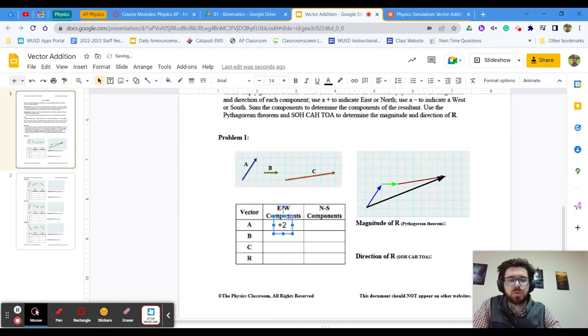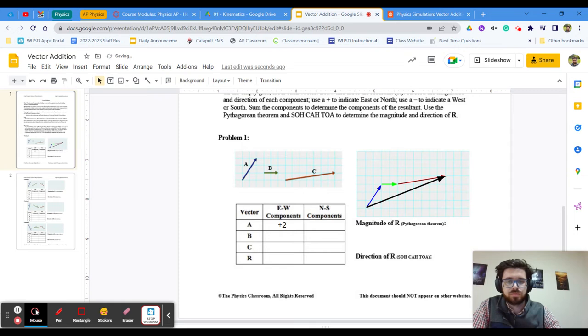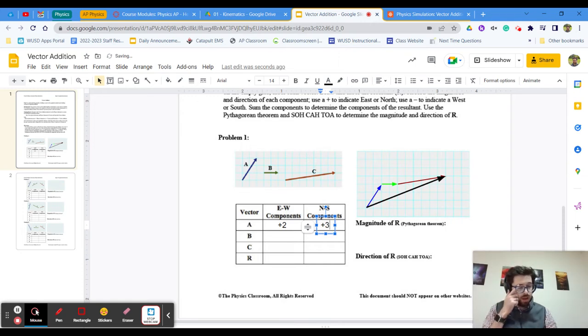Okay, the placement's not super important. And then the north-south is that it went up 1, 2, 3. Okay. And actually, I don't need to do that. I could just copy and paste that. Okay, so here.